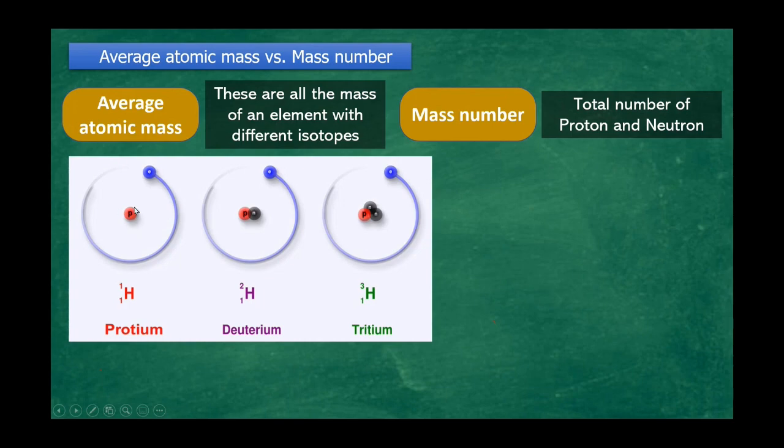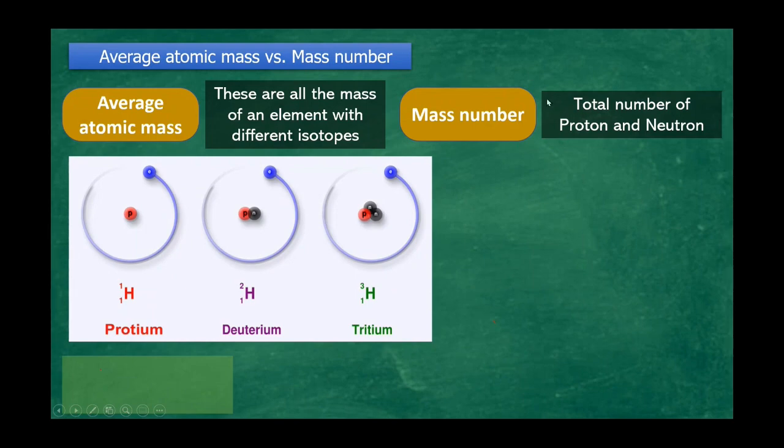So we can see here protium has no neutron, and then deuterium has 1 neutron and 1 proton. Then we have here tritium, with 1 proton and 2 neutrons. But we will just use protium and deuterium. Why? Because these 2 hydrogens are present in our atmosphere.